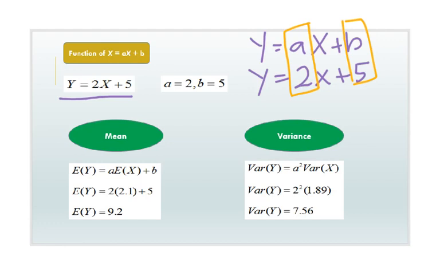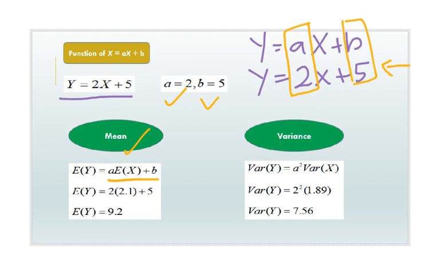So once you have the a and b values, then you can find the expected value of Y, or the expected value of the function of X, and you can also find the variance of Y. For the first one, the mean or expected value of Y, we are given the formula, which is a multiplied by the expected value of X plus b, where a is 2 and b is 5, coming from the function given to us.